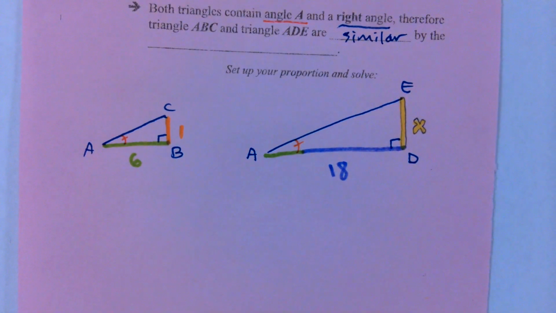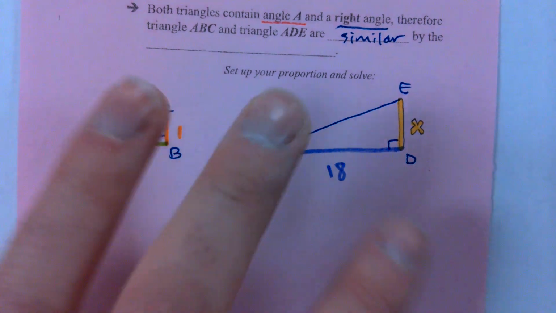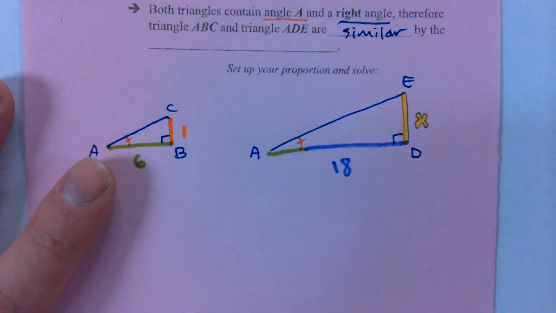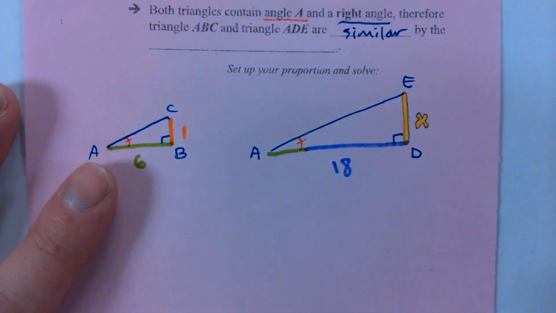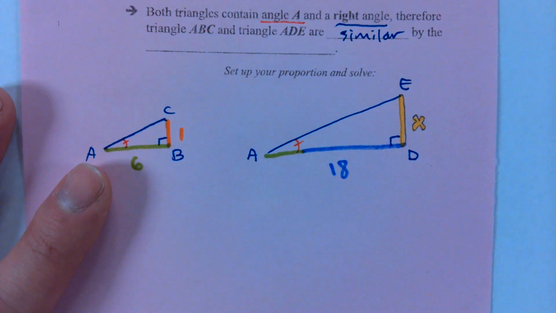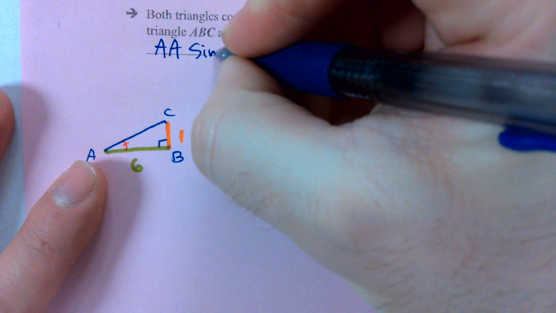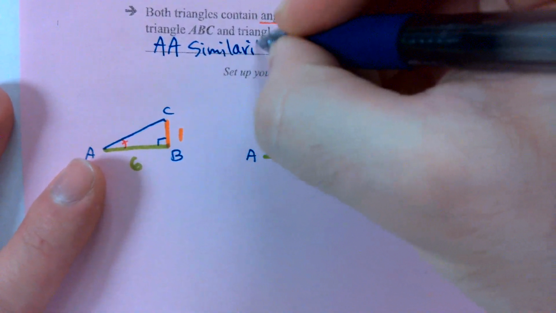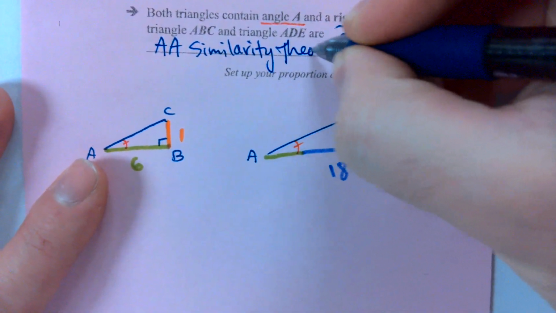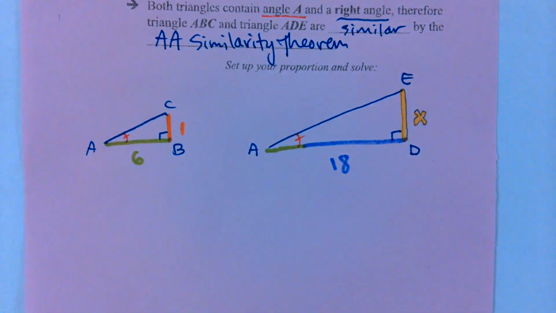What rule tells us that these two are similar? It's in a box at the very top of this piece of paper. The AA similarity theorem. The angle-angle similarity theorem tells us that if we have two right angles and another pair of congruent angles, we have similar triangles.